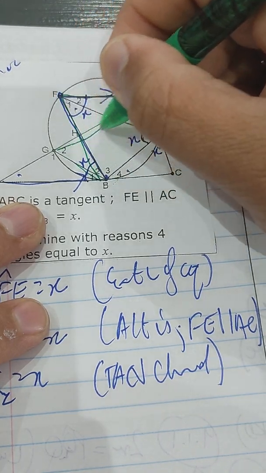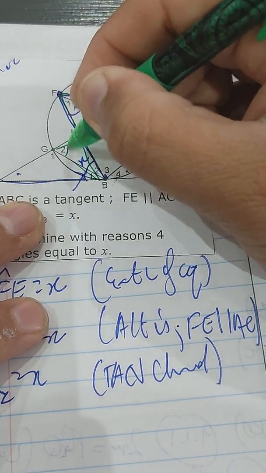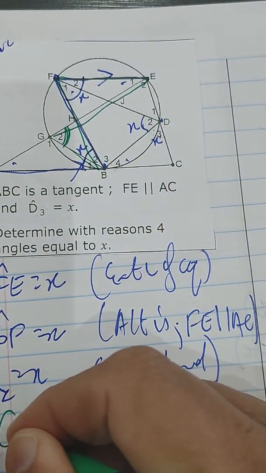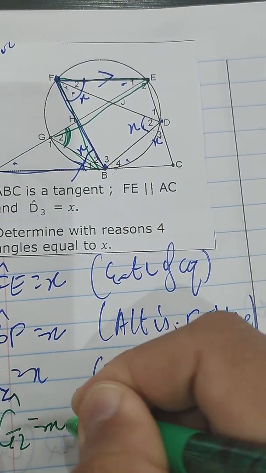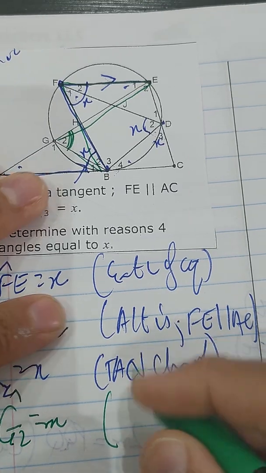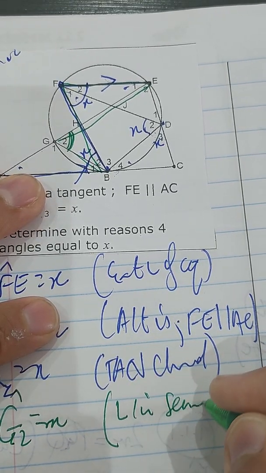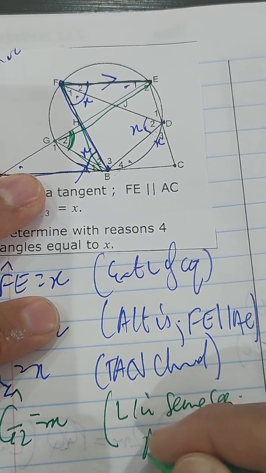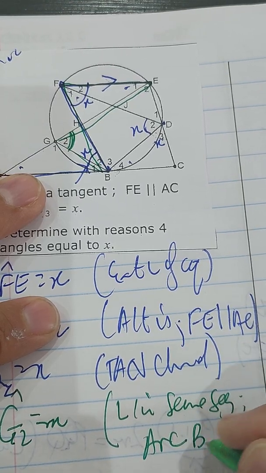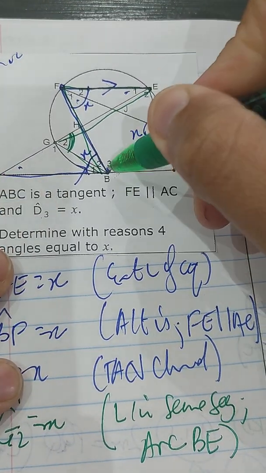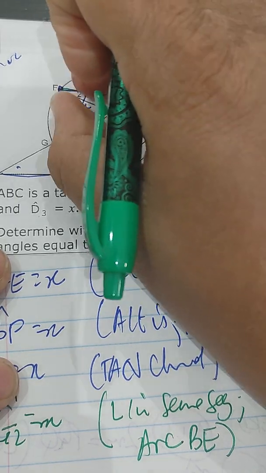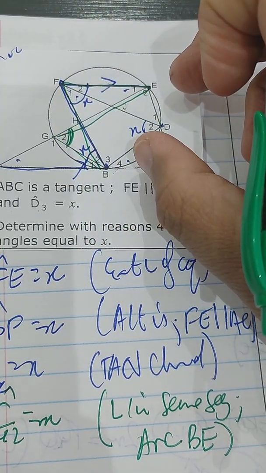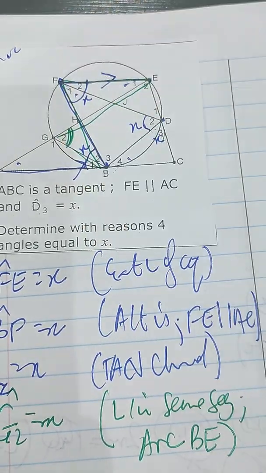There we go. That angle G2. So angle G2 is equal to x. You don't write bow tie, but angles in the same segment. It's coming from arc FE. See, this arc here is supporting angle BFE and G2.